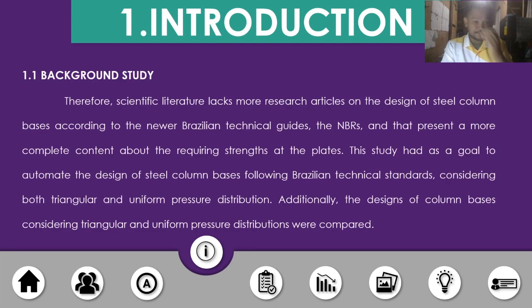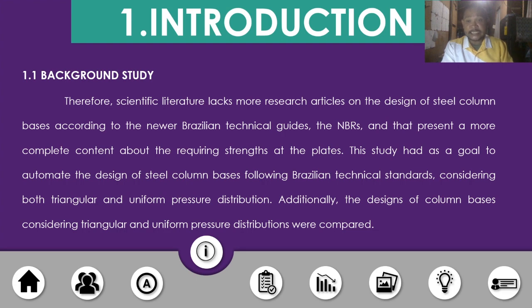Therefore, scientific literature lacks more research articles on the design of steel column bases according to the newer Brazilian technical guides, the NBRs, that present more complete content about the required strengths at the plates.